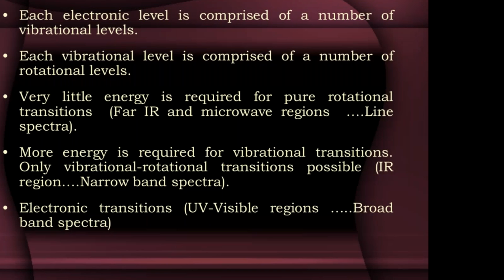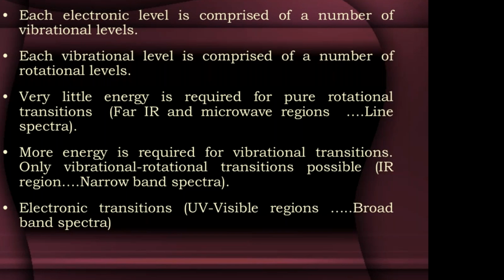Now we were talking about electronic levels only. Now we'll see a little more in depth. Each electronic level is comprised of a number of vibrational levels. Each vibrational level is comprised of a number of rotational levels, and very little energy is required for pure rotational transitions.